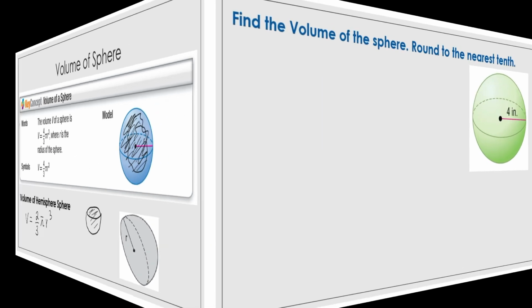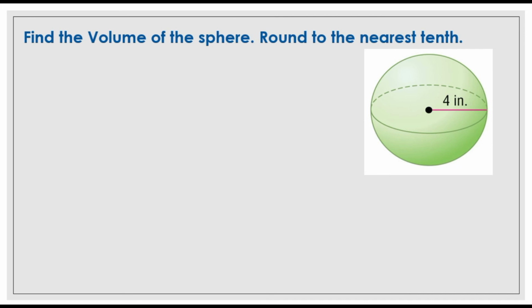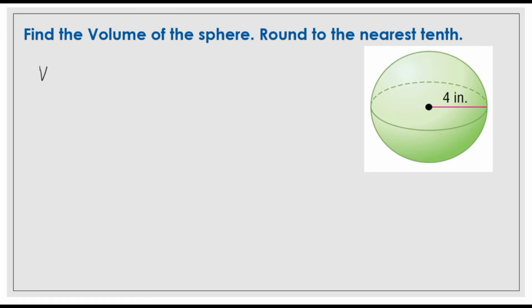Find the volume of the sphere, rounded to the nearest tenth. For this sphere, we are already given a radius, so we don't need to do anything. We just need to use the formula, substitute the value of the radius, and use the calculator. The formula is V equals 4 over 3 pi r cubed.